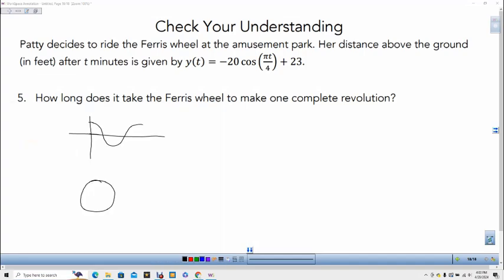When X is 0, cosine is 1. Cosine is 0, then cosine is negative 1, cosine is 0 again, and then back up to cosine being positive 1, back around to here.